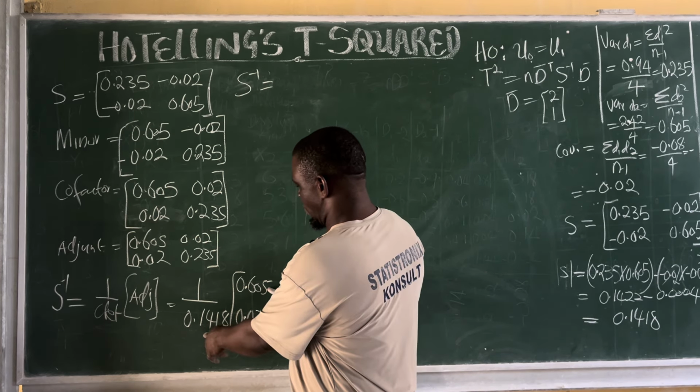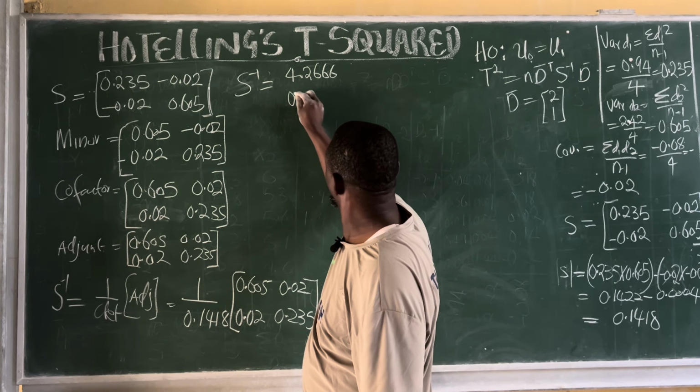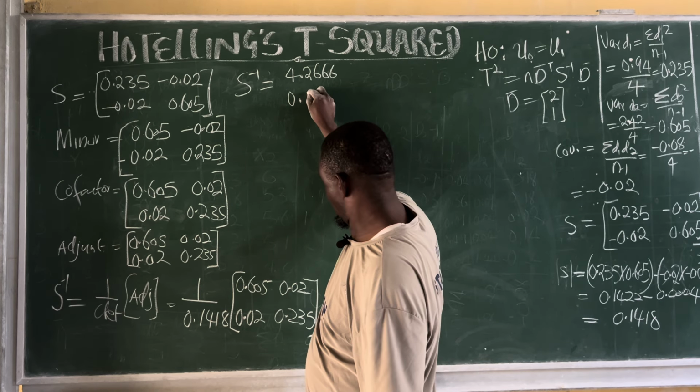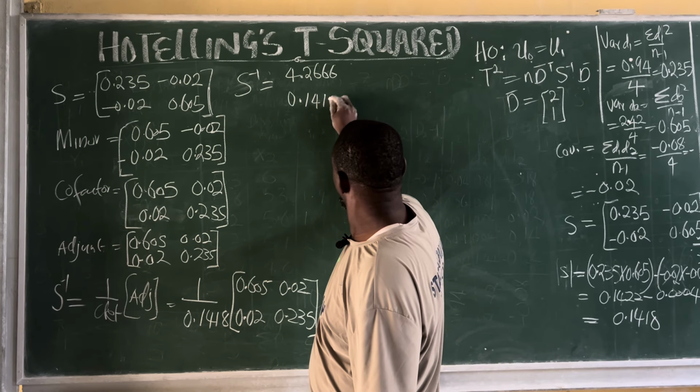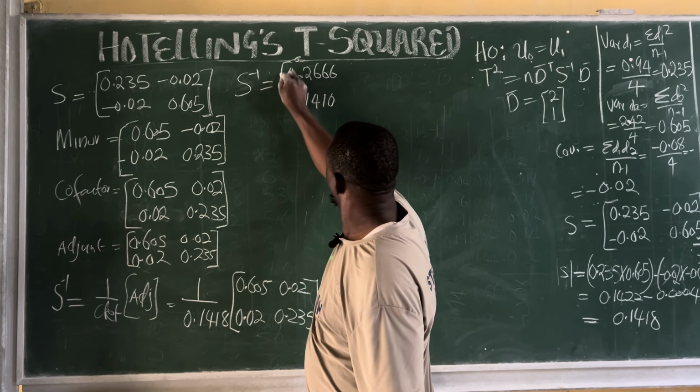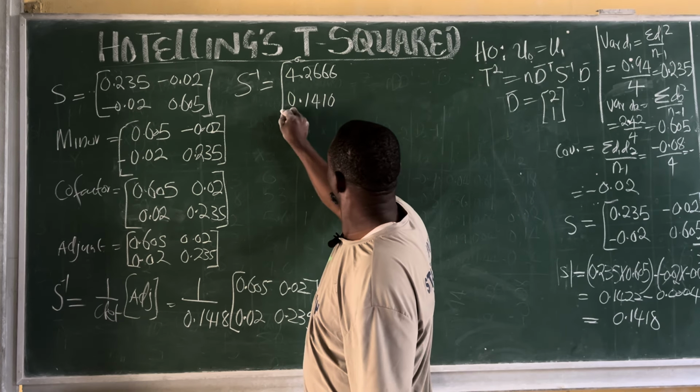Okay? Then when we divide 0.02 by 0.1418, we get 0.1410. So this will also be 0.1410.